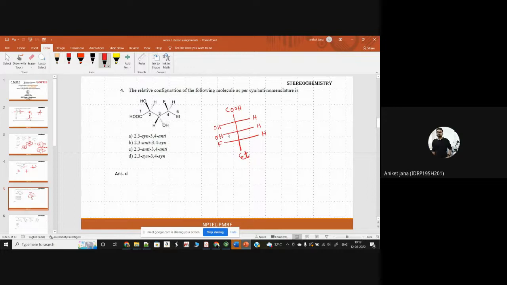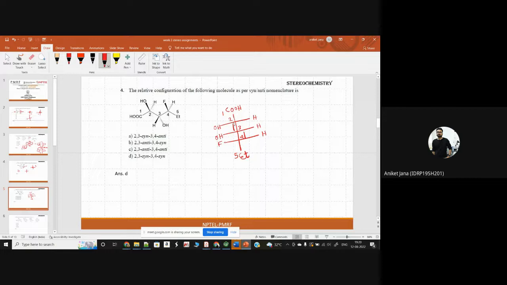Okay, it is right. So we have to check around the 2, 3 and 3, 4, that is, around this bond and around this bond.